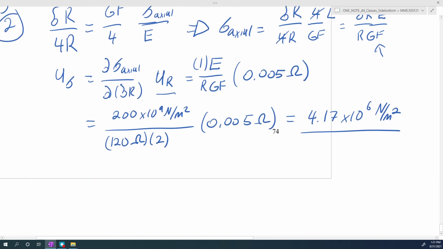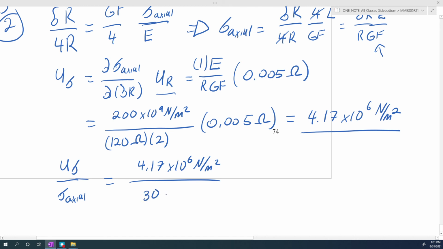Now if we're interested in the relative error, or the relative uncertainty, compared to what the stress would be, we can divide that uncertainty in stress by the stress in the axial direction. We know the uncertainty was 4.17 times 10 to the 6th newtons per meter squared, and the stress that was given was 30 times 10 to the 3rd newtons divided by 0.03 meters times 0.01 meters.